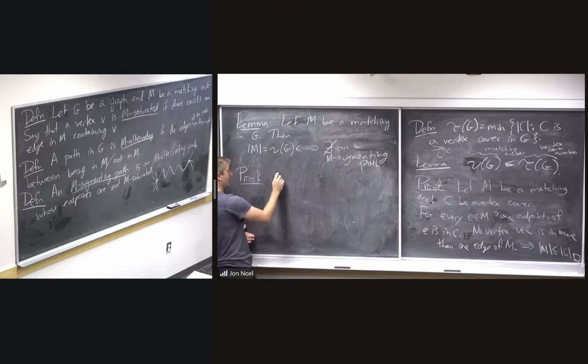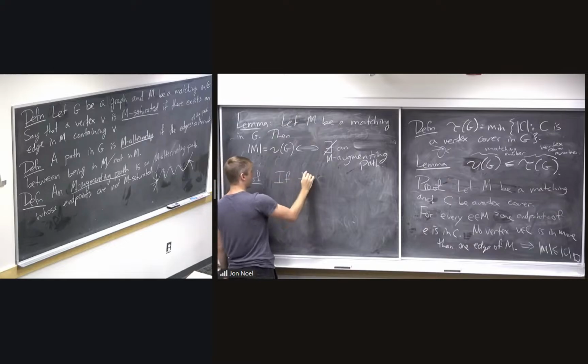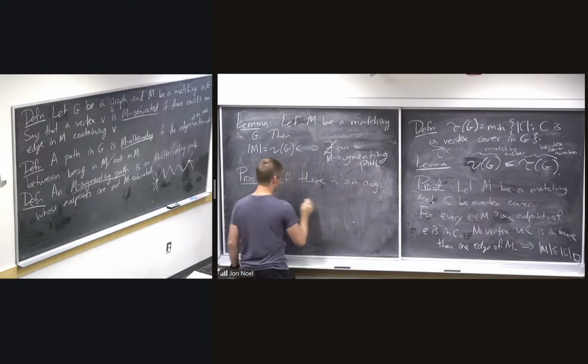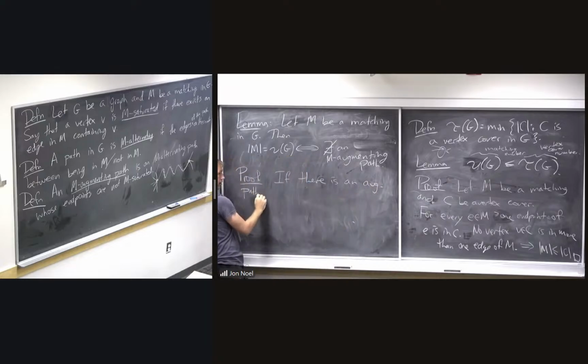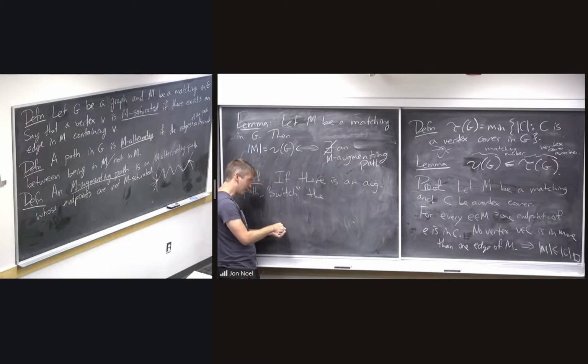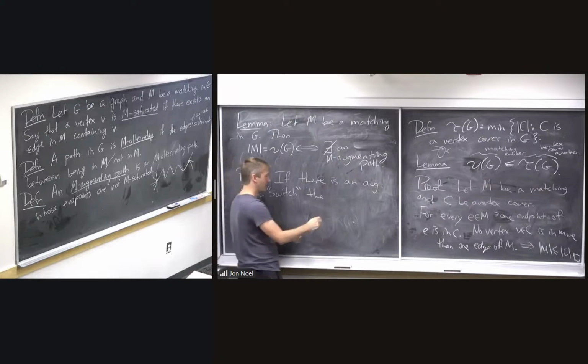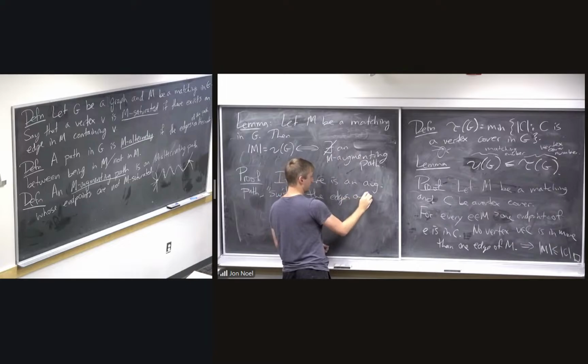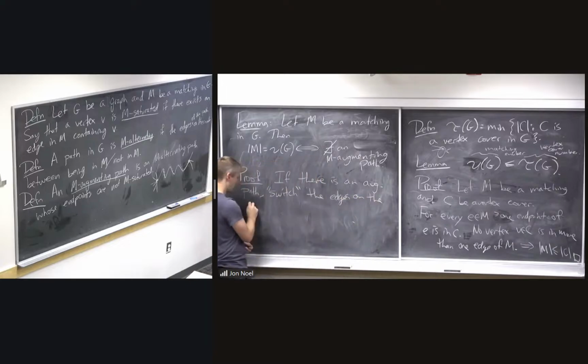So if there is an augmenting path, we just switch the edges, meaning they switch from being out of M to in M and in M to out of M, on the path, and get a bigger matching.